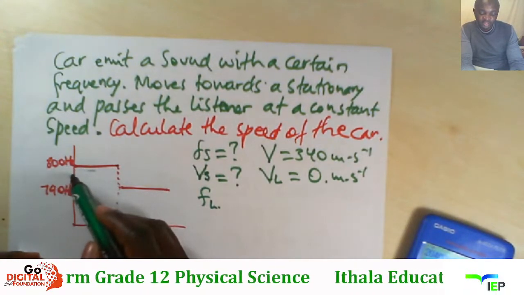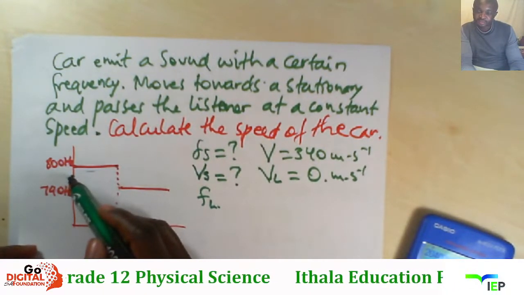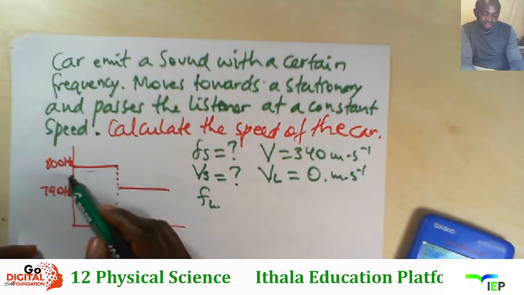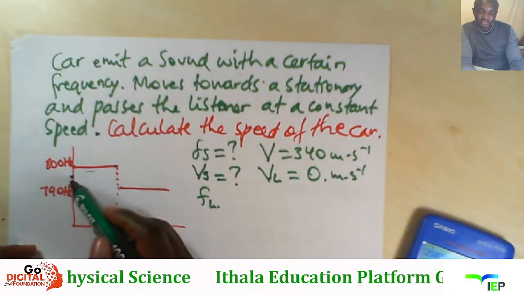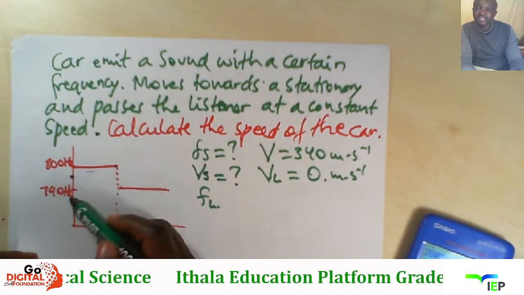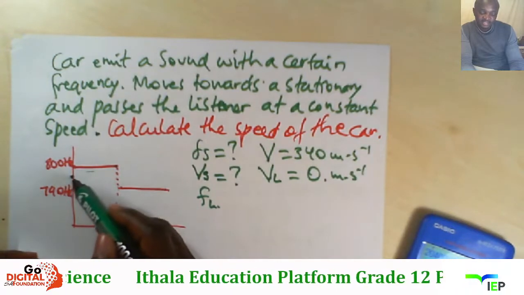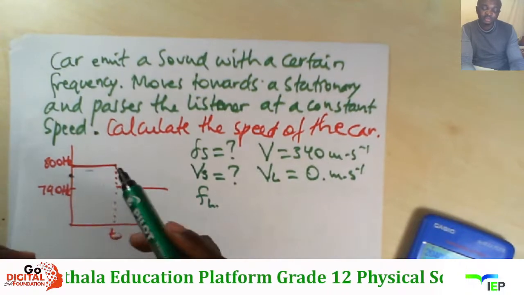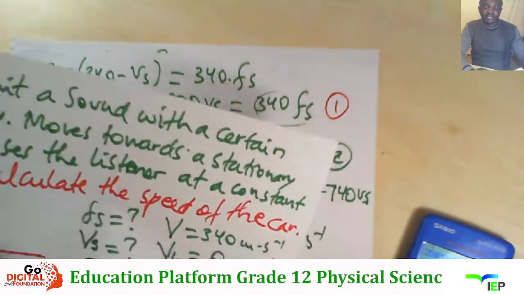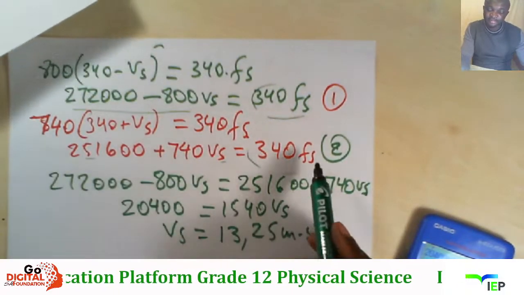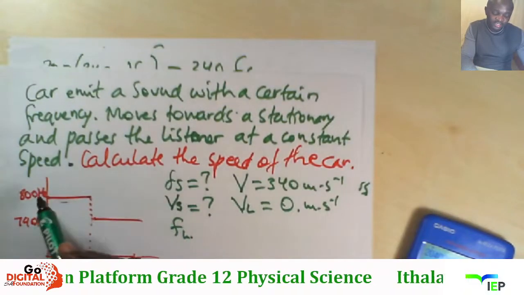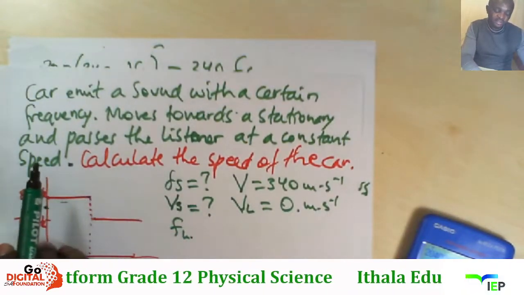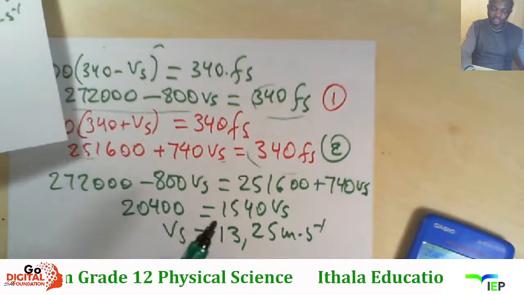When it's moving away, the frequency of the source did not change, but the listener hears a frequency less than the frequency of the source, that is 740. So if I calculate the frequency of the source, I will get it in between 740 and 800.